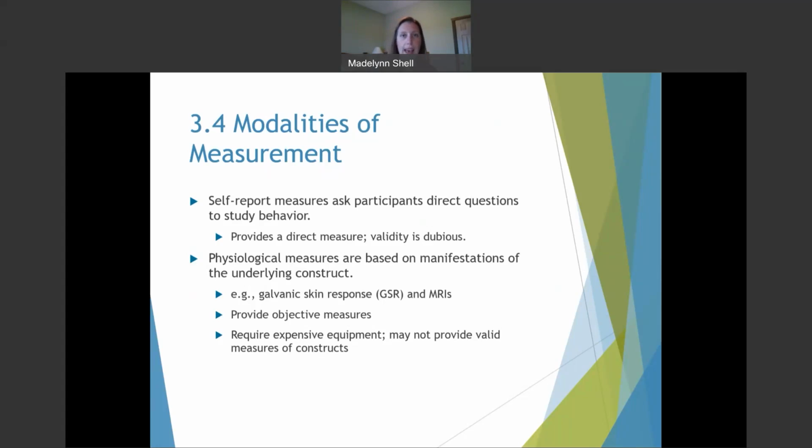If you have some kind of skin response in a specific situation, is it because of anxiety, which is how we're interpreting it maybe, or is it because of the strangeness of the lab situation or something totally unrelated? So there are questions about the validity of physiological measures. Also, they can often be very expensive.